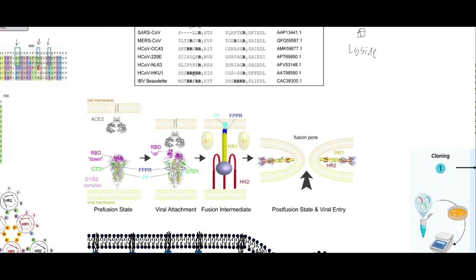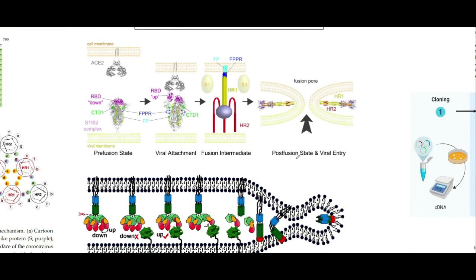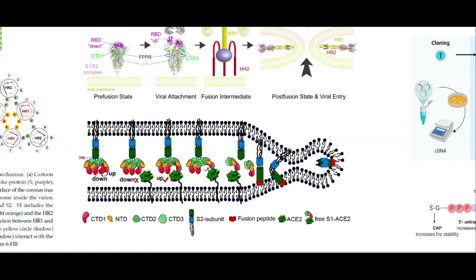And I didn't like the way this showed it, so I liked down here. So down here we have our spike protein. So this actually shows the spike protein on top. So up here, this would be our viral membrane, and down here would be our human membrane.